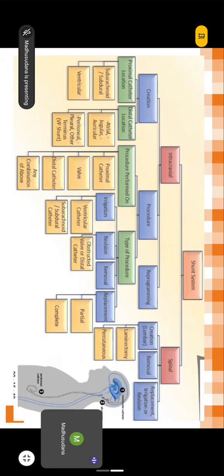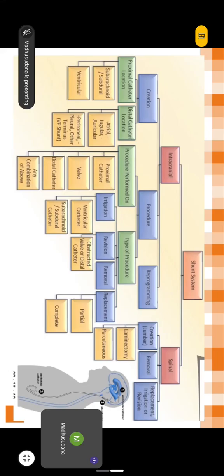And if it is not a creation procedure, the doctor is planning a procedure on an already existing VP shunt.